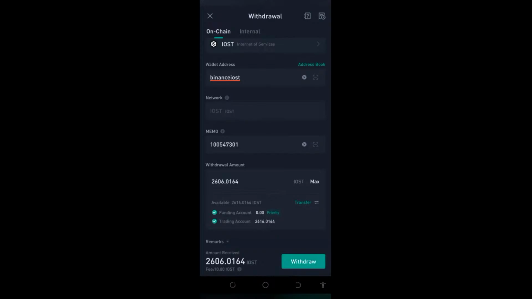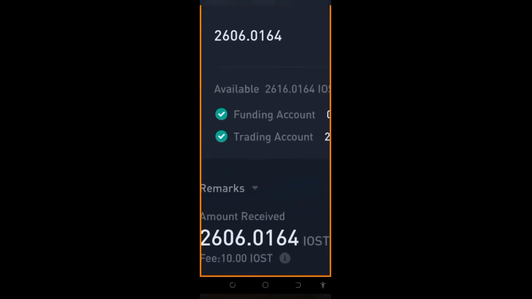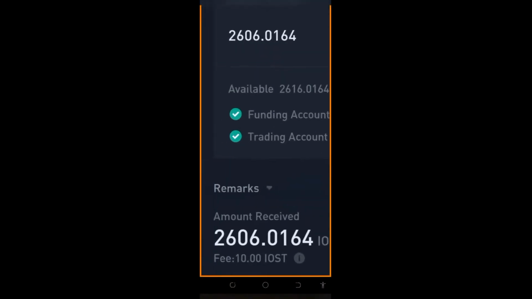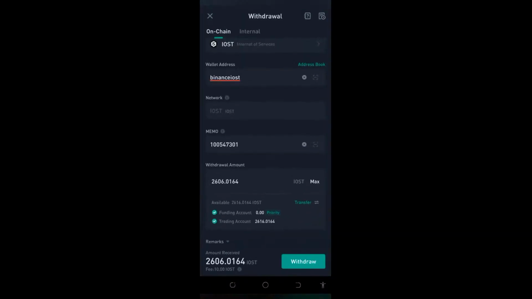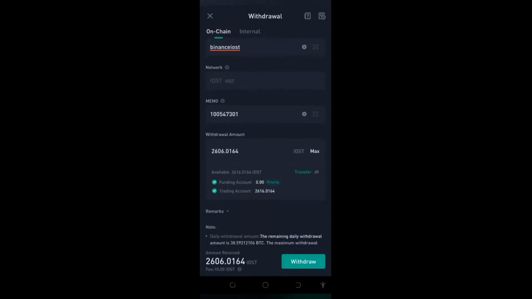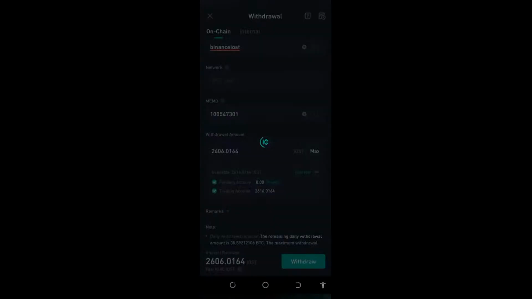So what we get is 2606. Remember that there's going to be a withdrawal fee of about 7 cents. It says that the fee is 10 IOST, which is equivalent to about 7 cents. So we're going to go over and get this done. Let's withdraw. Okay. Withdraw.